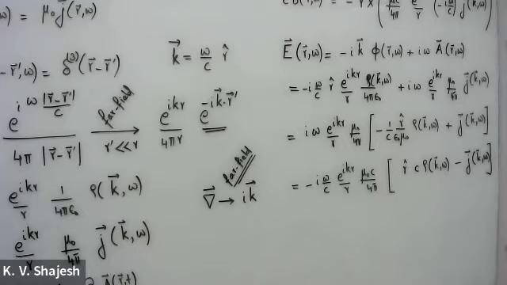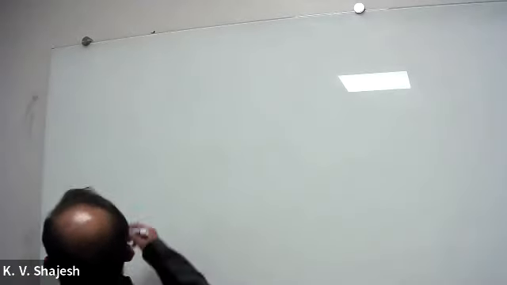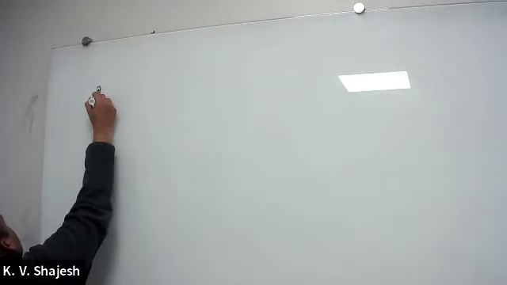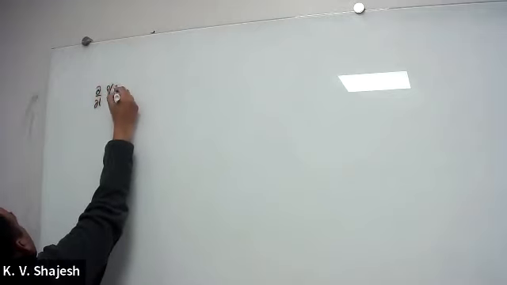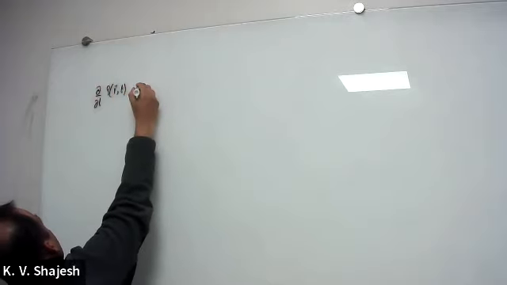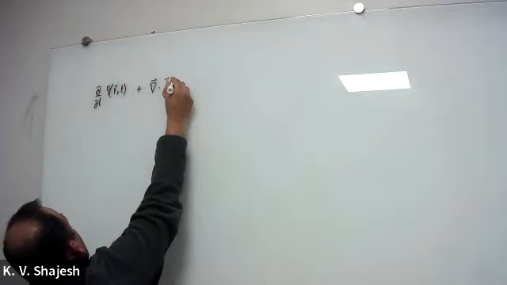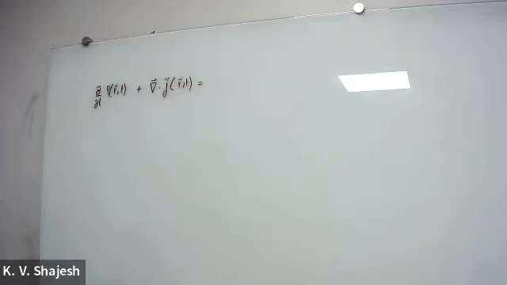Let's digress a little bit. So remember that charge conservation requires d by dt of rho of r, t plus divergence of j of r, t is equal to 0, right? That's the statement of conservation of charge.